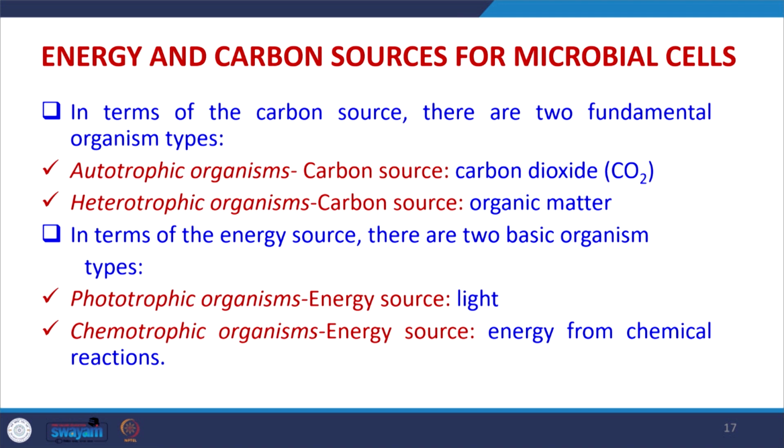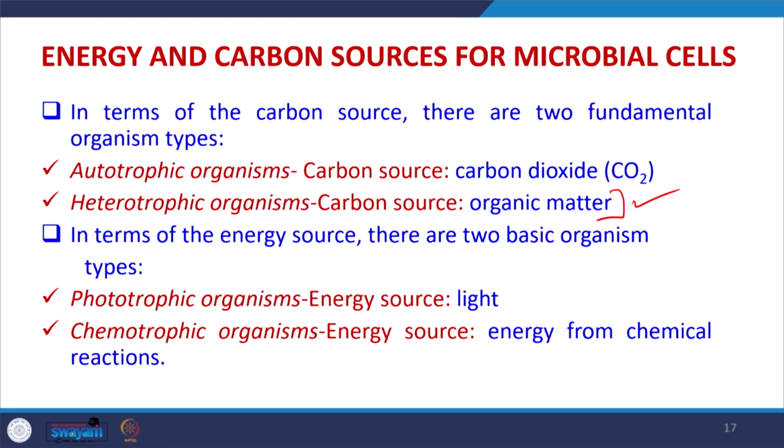In terms of carbon source, there are two fundamental organism types. One is the autotrophic organism, where the carbon source may be carbon dioxide. Then there is the heterotrophic organism, where the carbon source is organic matter.